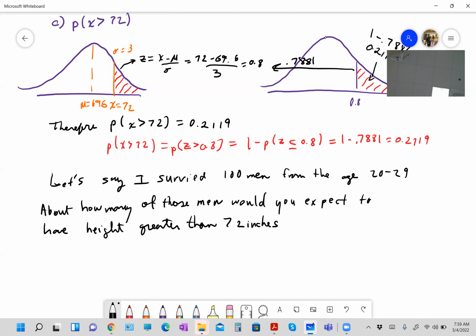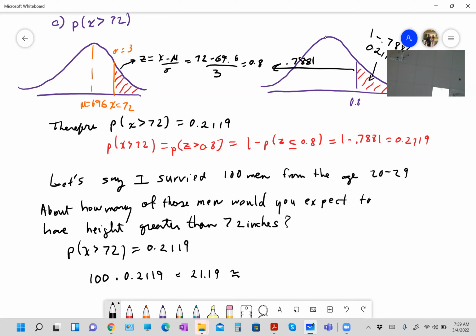Well, we know that the probability of X being greater than 72 is 0.2119. And if you take 100 and multiply that by 0.2119, it comes out to 21.19.